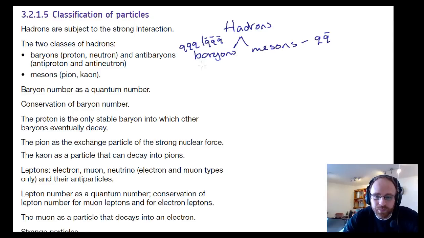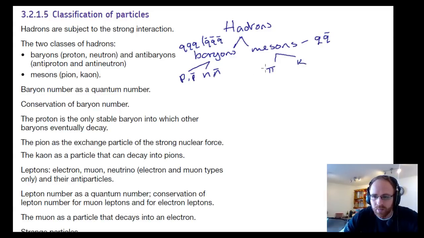The baryons we're going to be tested on are the proton and neutron, and then we have antibaryons as well. Then we have mesons: pions and kaons.